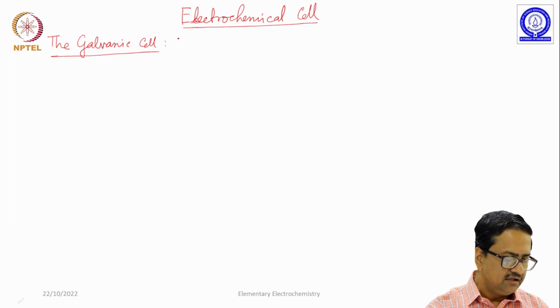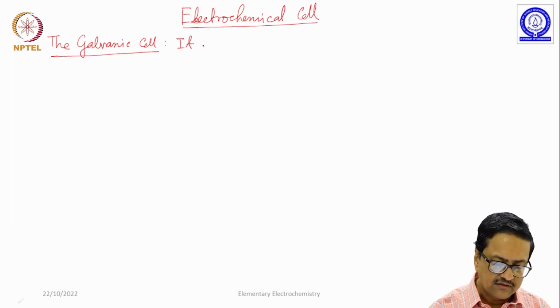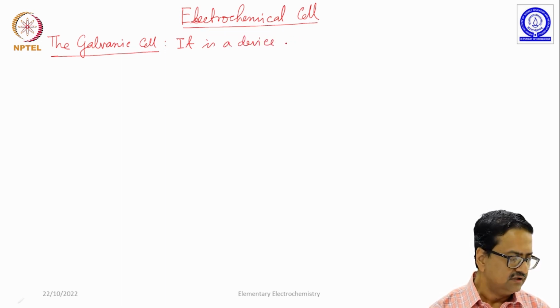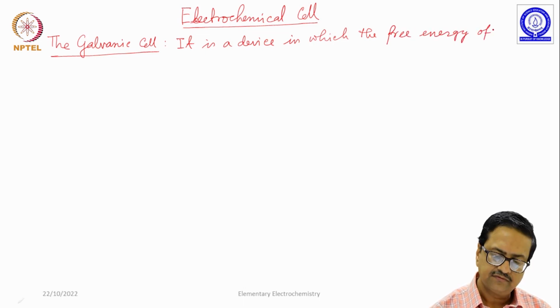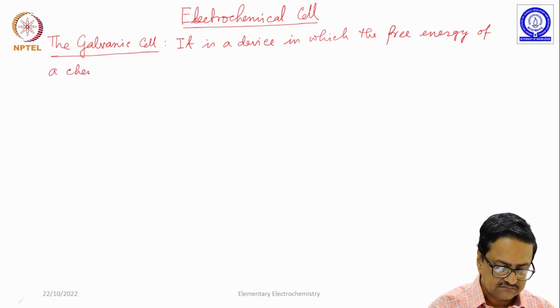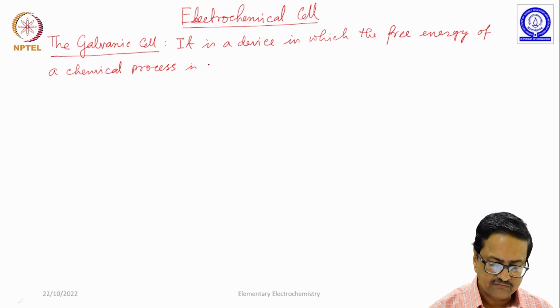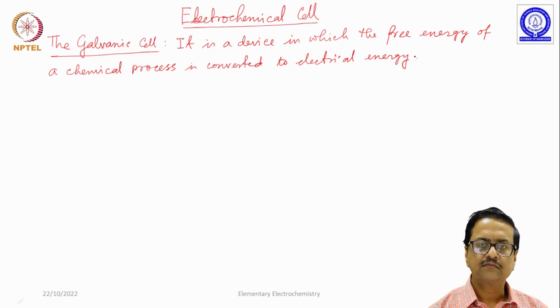This galvanic cell is a device in which the free energy of a chemical process is converted to electrical energy, right?